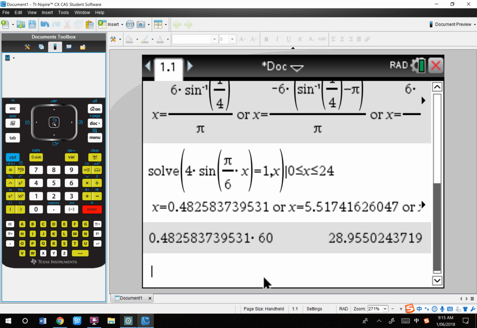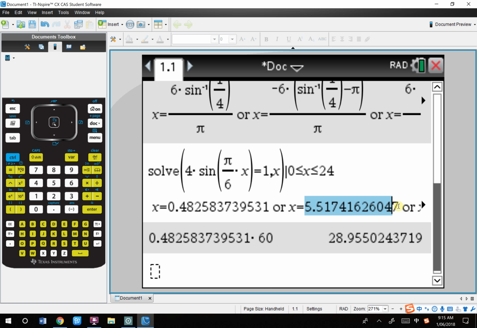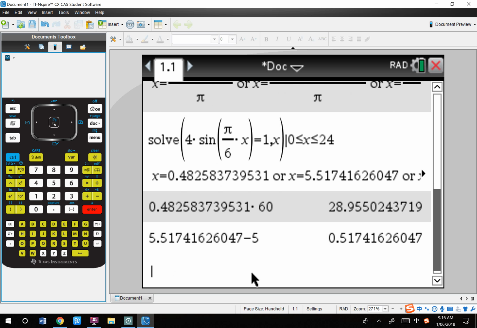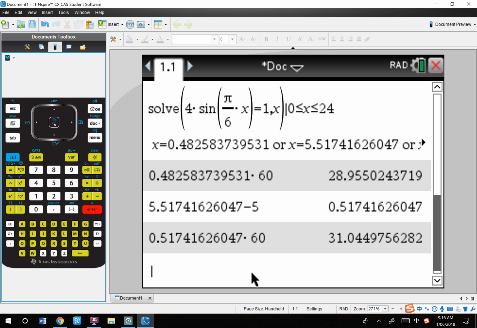Time 2 is 5.5 something, that's 5 hours and 0.5 something after midnight. So I will minus the 5 hours first, and times this value by 60 to see the minutes. It's about 31 minutes.